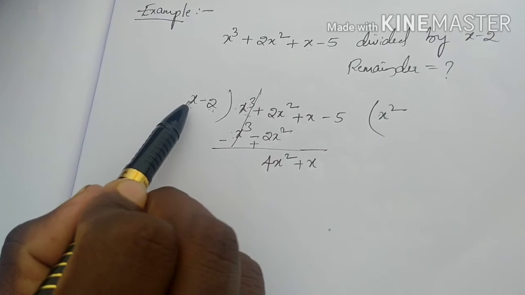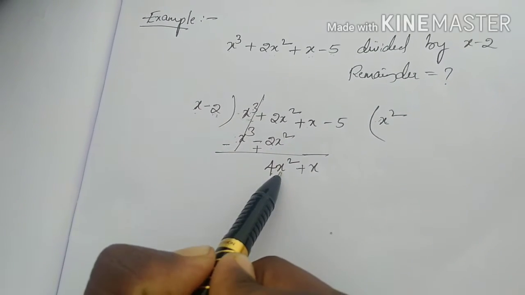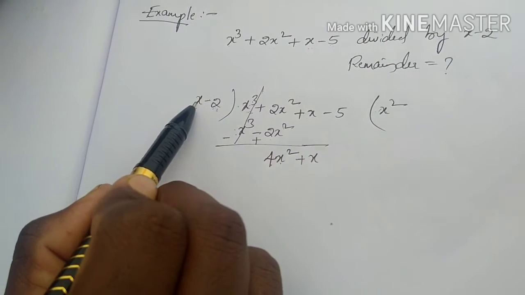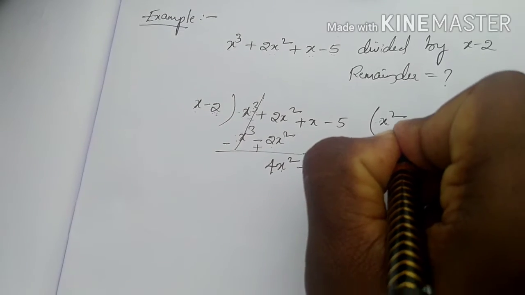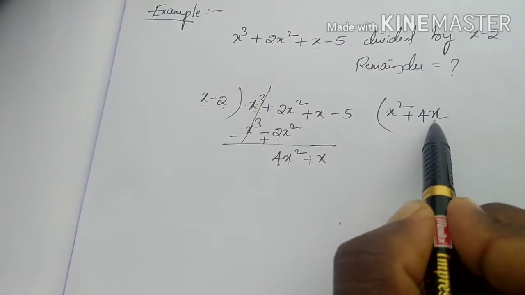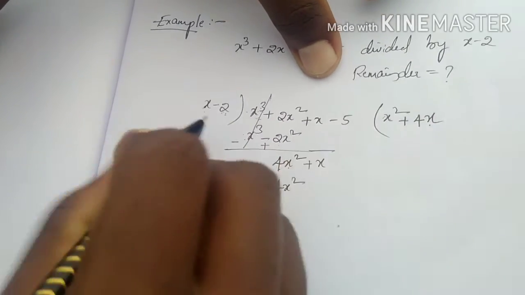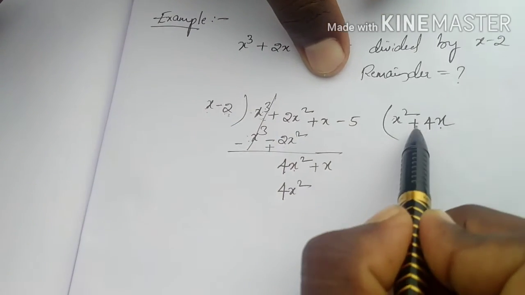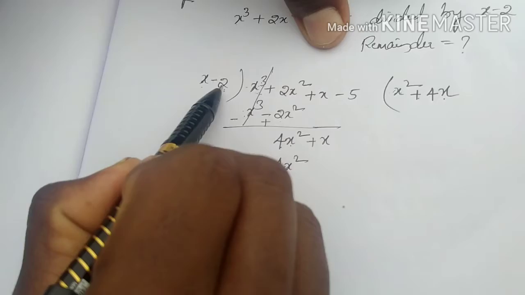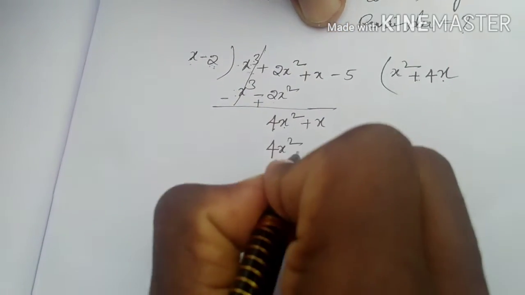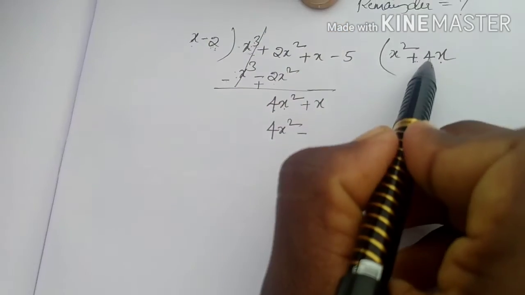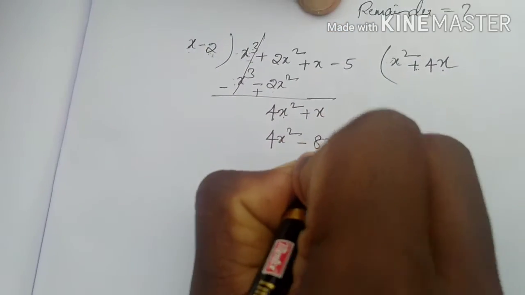Now again, here x is there and here 4x square is there, so x must be multiplied with plus 4x. X into 4x is 4x square. Minus into plus becomes minus, and 2 into 4x becomes 8x.